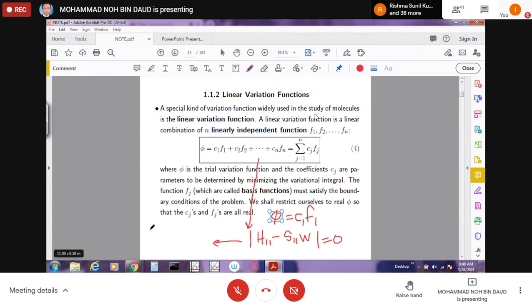So this one is H11 and S11, which is the integral of the complex conjugate of F1, the Hamiltonian operator, F1, d tau, and the integral of the complex conjugate of F1, F1, d tau.